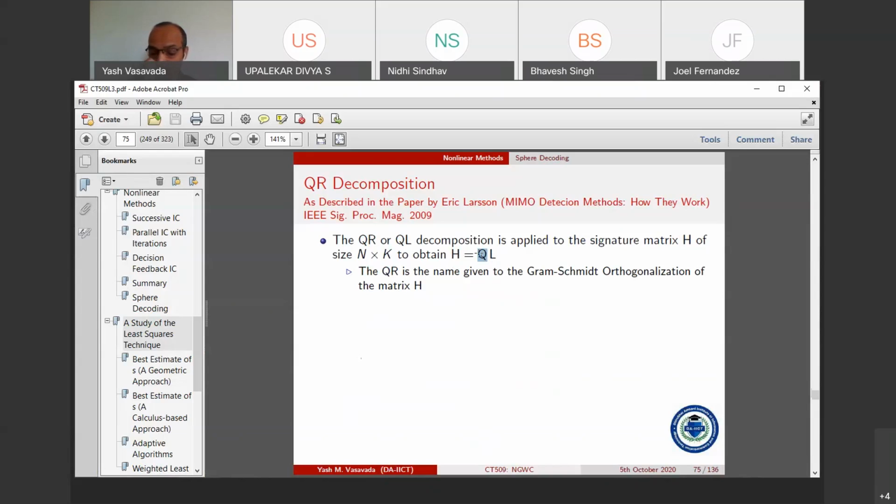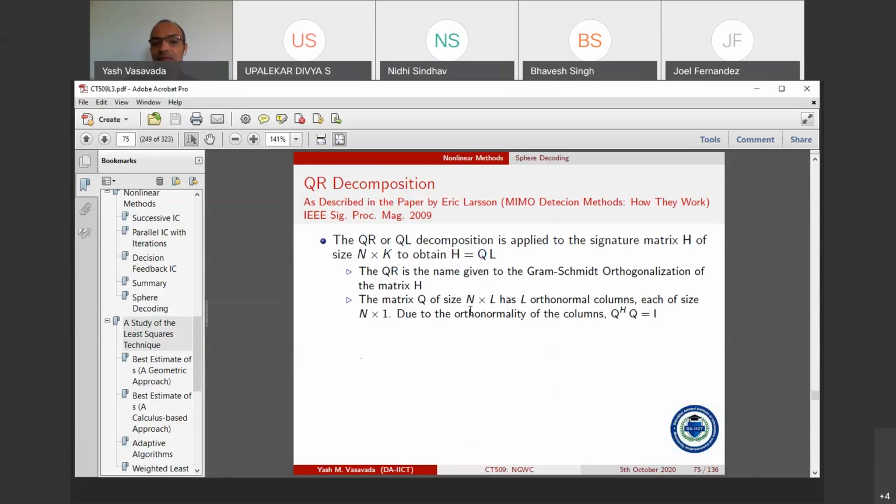The final output will be a Q matrix, which will have the same number of columns as the number of columns of H. And then there will be another matrix which will be a lower triangular matrix.